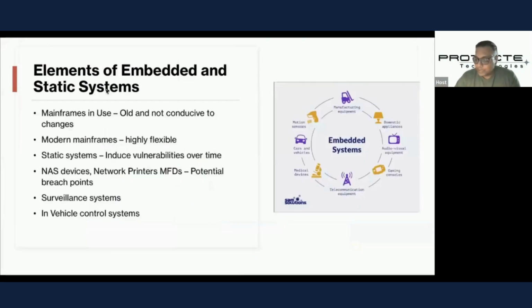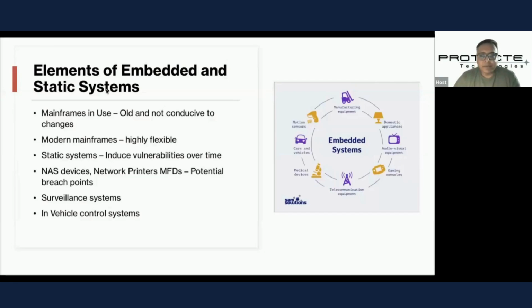Now, what are the elements of embedded systems? Elements of embedded systems are mainly small chips which are embedded into bigger systems to carry out a certain task. These embedded systems, as I told you, are potential breach points for infiltration into bigger cyber physical systems.